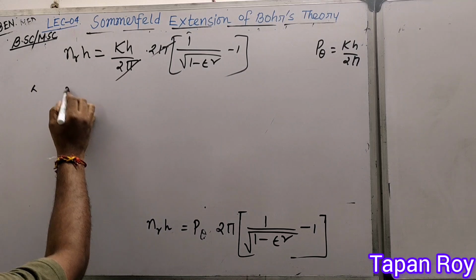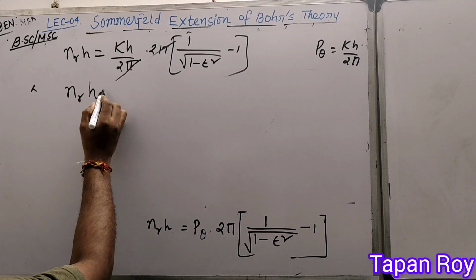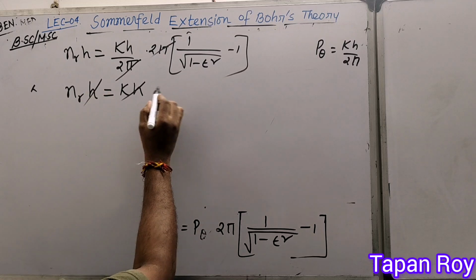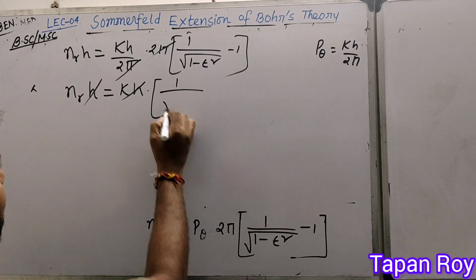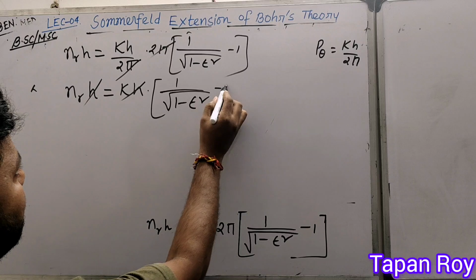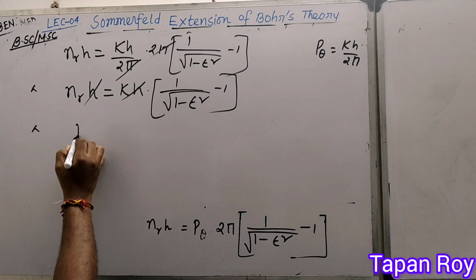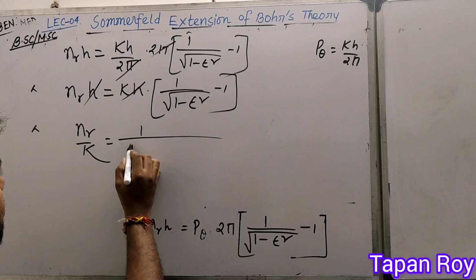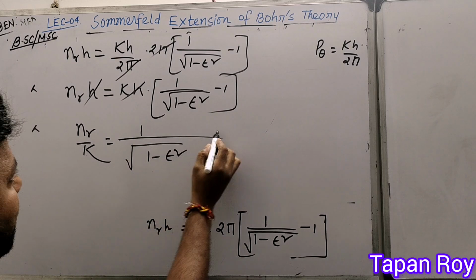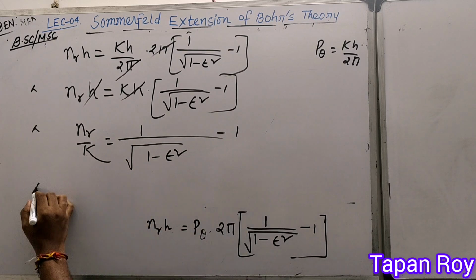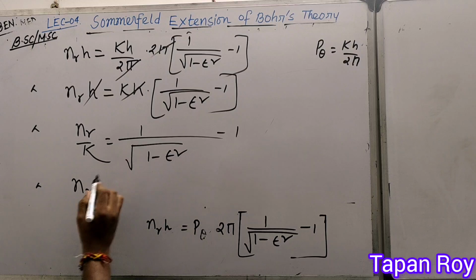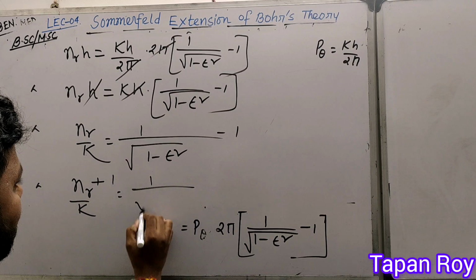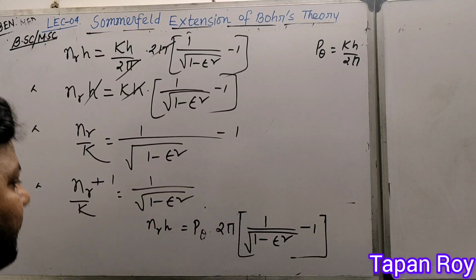So nr into h is equal to k into h, h is also cancelled, into 1 by root over 1 minus epsilon square minus 1. Okay, so nr by k is equal to 1 by square root of 1 minus epsilon square minus 1. So from these equations, nr plus k by k is equal to 1 by square root of 1 minus epsilon square.